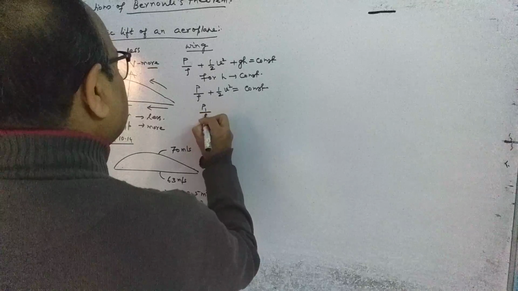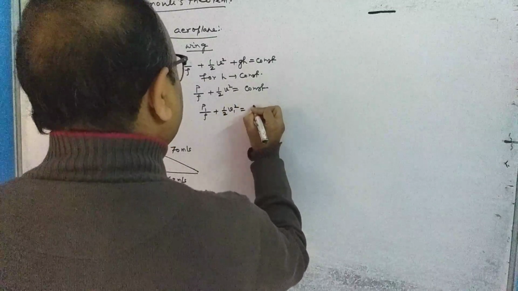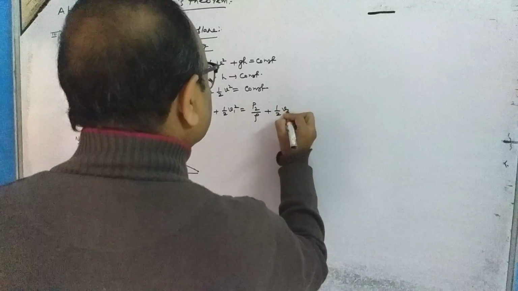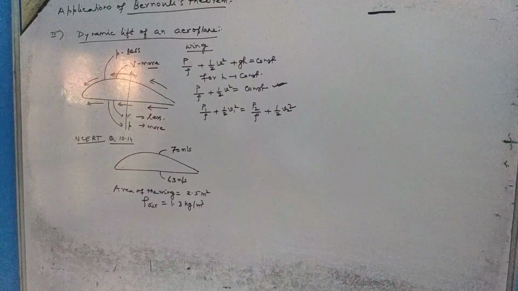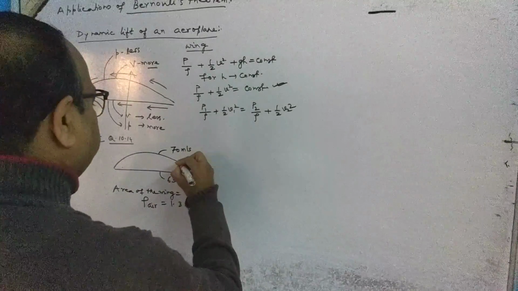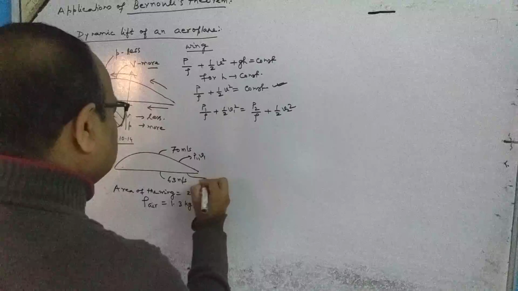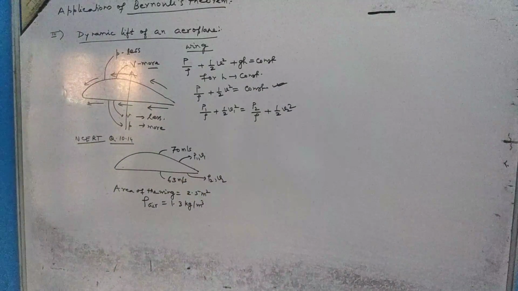P1 by rho plus half V1 square is equal to P2 by rho plus half V2 square, with the help of this formula. Okay, P1 V1 is here, P2 and V2 are here. ठीक है?